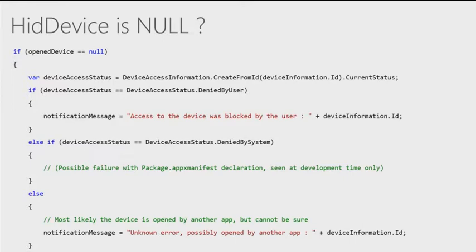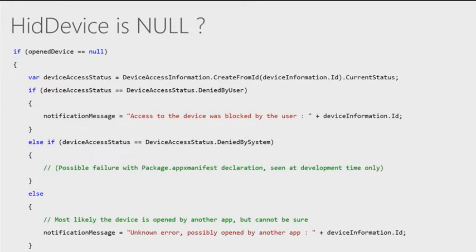So what happens when the HidDevice object is null? It means that one of the 4 criteria that we just mentioned has failed, and hence you are not going to get access to the device. Now, if you so desire to find out the exact reason why the device was null, in other words, which of those 4 criteria were not met, you can call this other API, which is DeviceAccessInformation, and it gives you back an access status, which you can query to figure out the exact reason you were denied access.